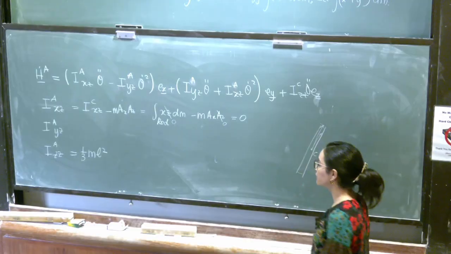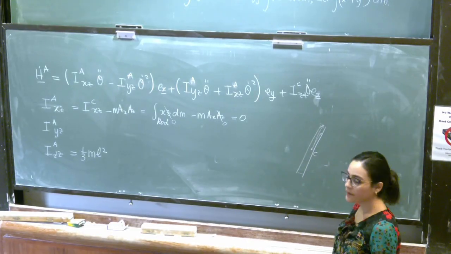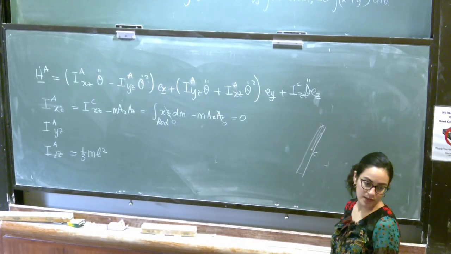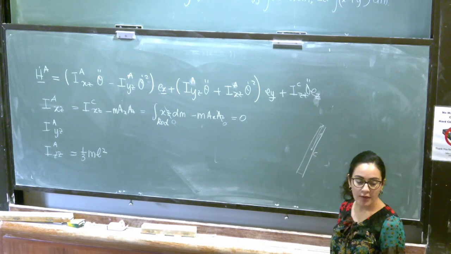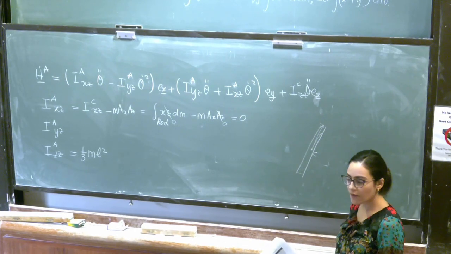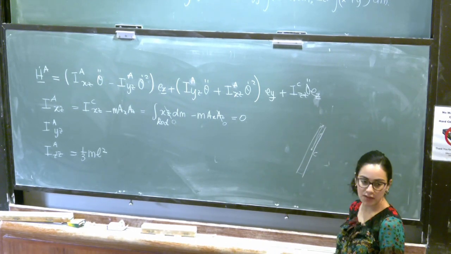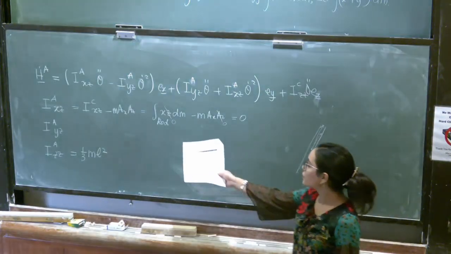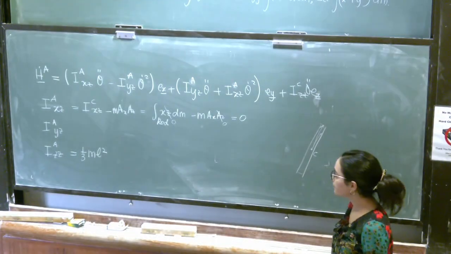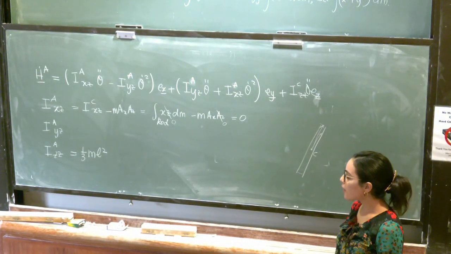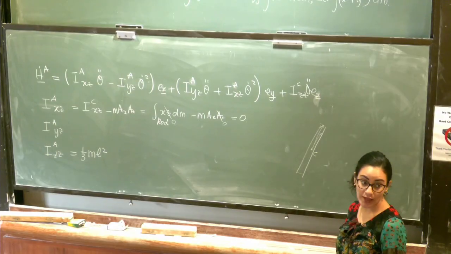So this is 0. Another way to think about it is that because of symmetries, even if Z is not 0, for any point with coordinates x, z, you have another point with coordinates x, minus z. So these sum to 0, and this is definitely 0. So this product of inertia is 0.